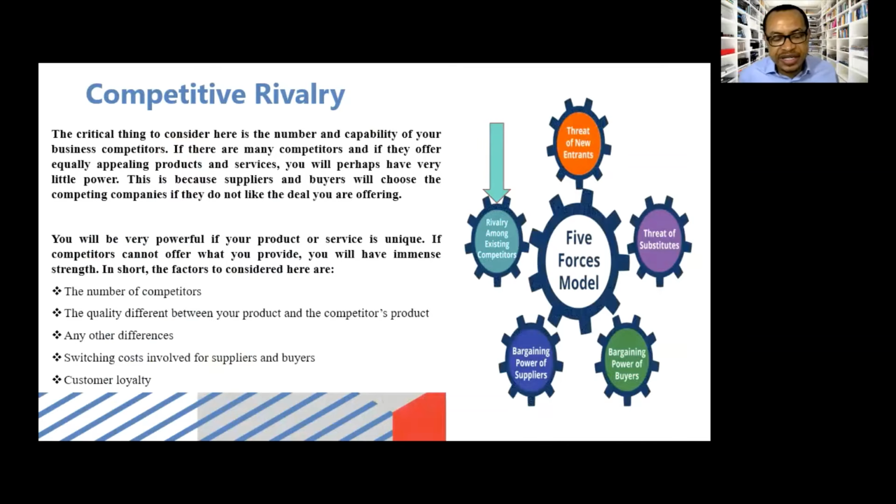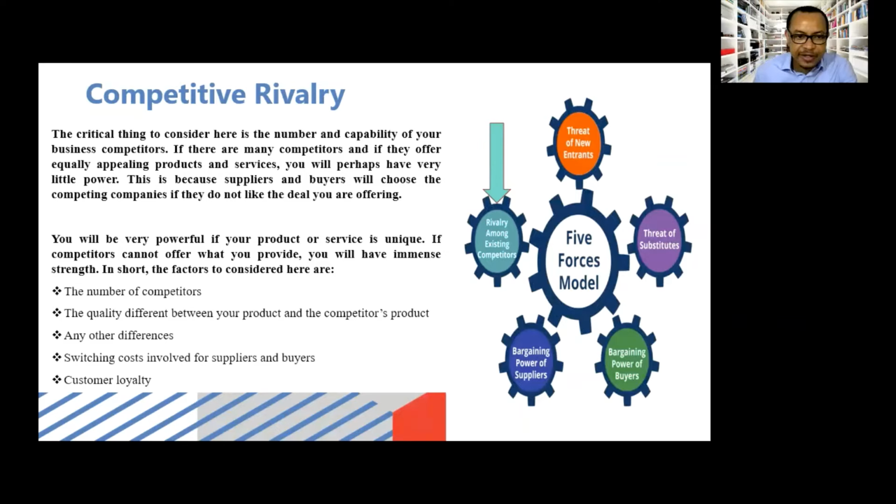The critical thing that you are assessing here is the number of competitors and the capability of business competitors within your market. If there are many competitors, and if they are also offering appealing products and services as you do, then your power will be little here.